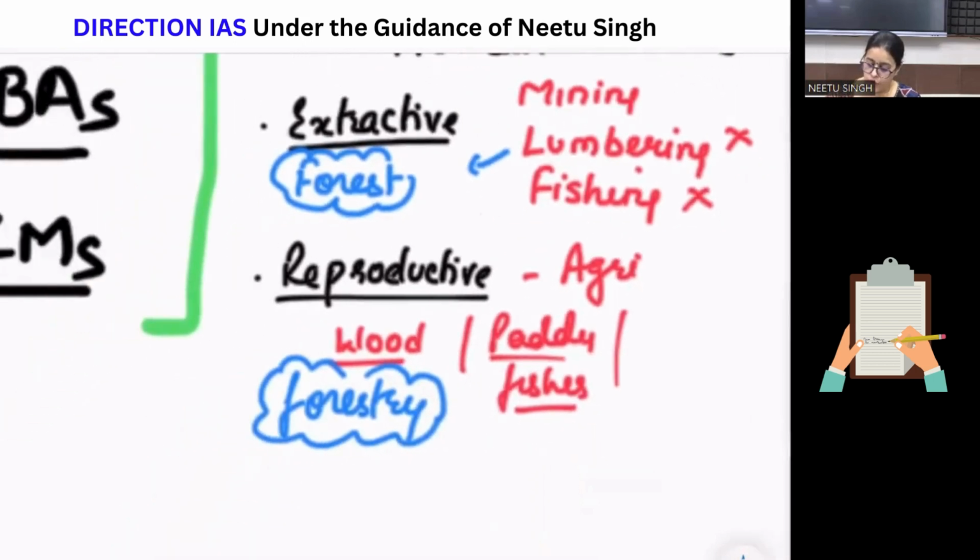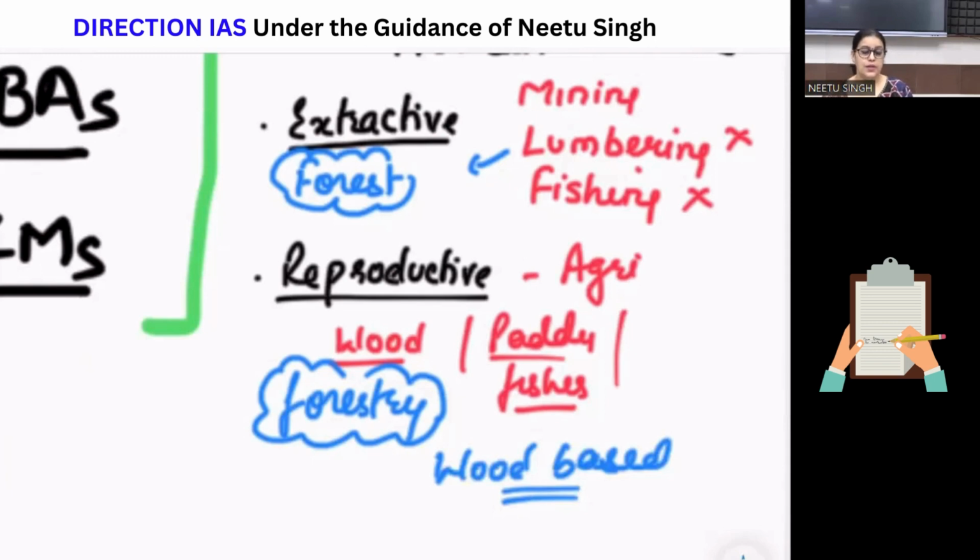It is wood based agriculture, or as FAO says, tree based farming. Forestry has always been identified as reproductive and forest as natural.